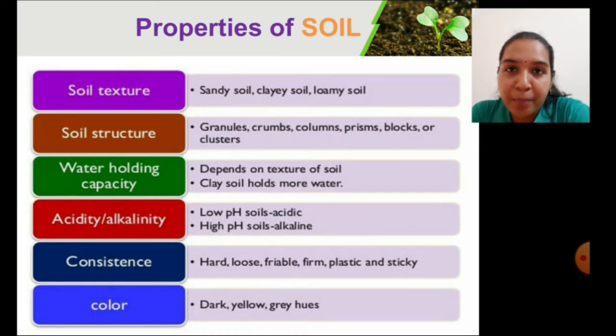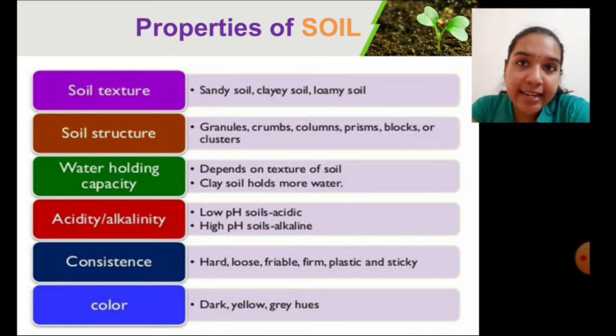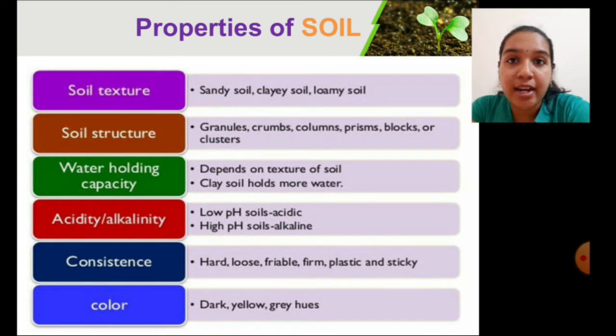And the other properties of soil are structure of soil, water holding capacity of soil, acidity or alkalinity of soil, the consistency of soil, and the color. And on the right side, you can see the varied characteristics which are again differentiated based upon their properties.